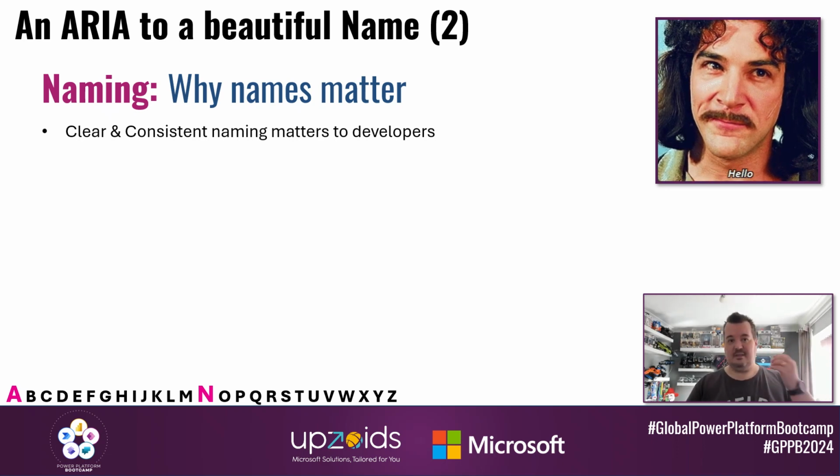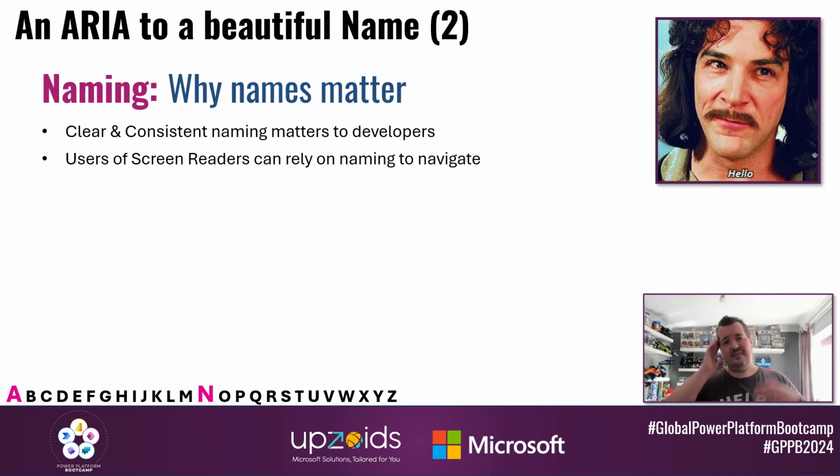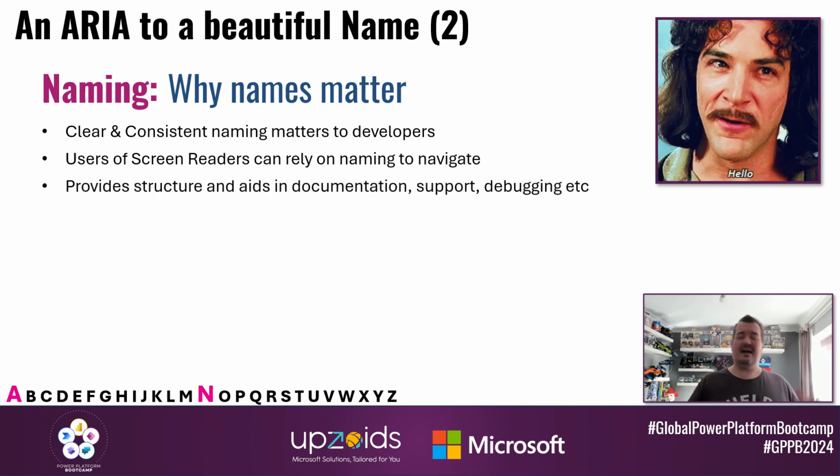It helps with lots of things, but it also matters to screen reader users, because screen readers, if there's no accessible text, will read those names out. And if you've got developers who use screen readers while developing, they need to be able to read those names as well and know what they are and be able to debug and develop and all that sort of thing.